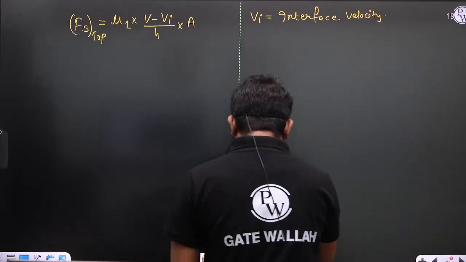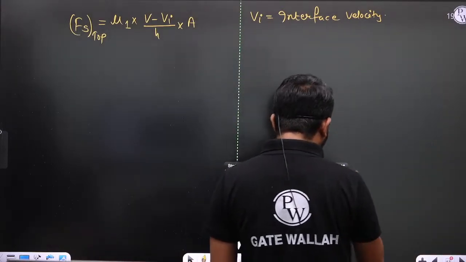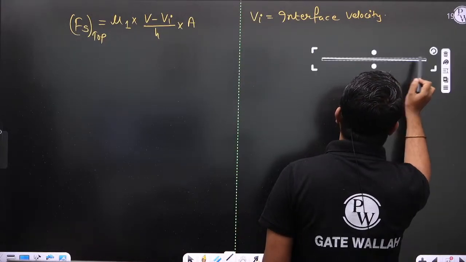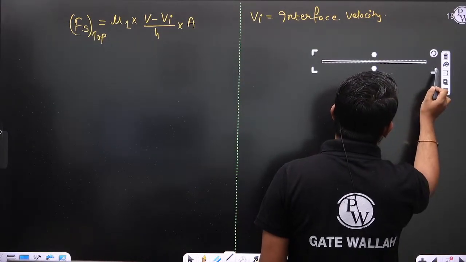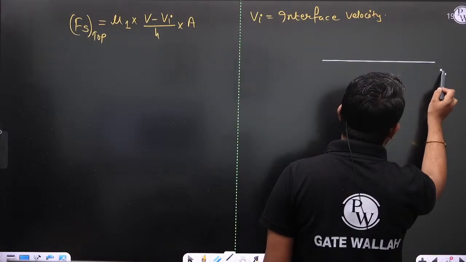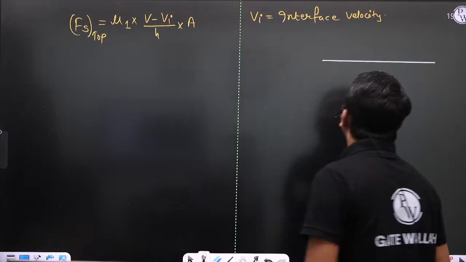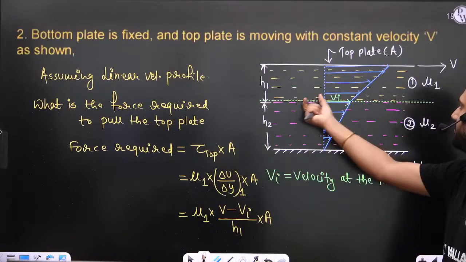So if you draw the free body diagram of the interface layer, this layer, right?